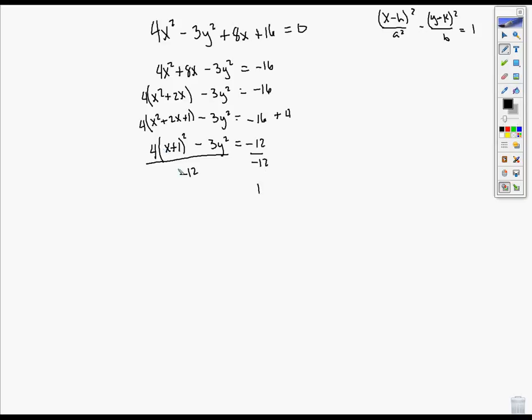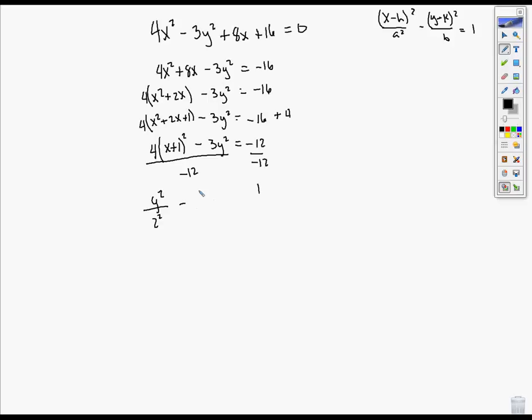And over here it's going to change things up a little bit for me, but it's going to give me my a and b values as well. And it's also going to change this one negative. So my first term is going to be positive y squared over 4, or I'm going to call that 2 squared, because I want an a squared term, and then it's going to be a negative.